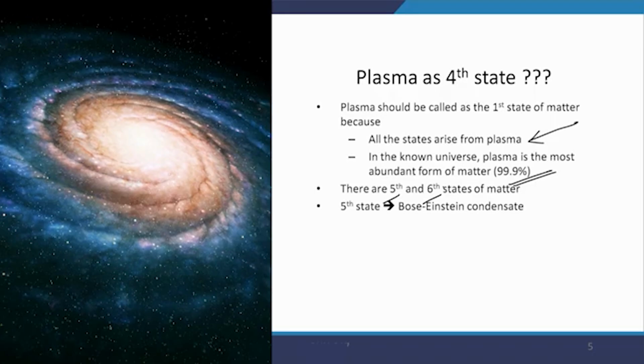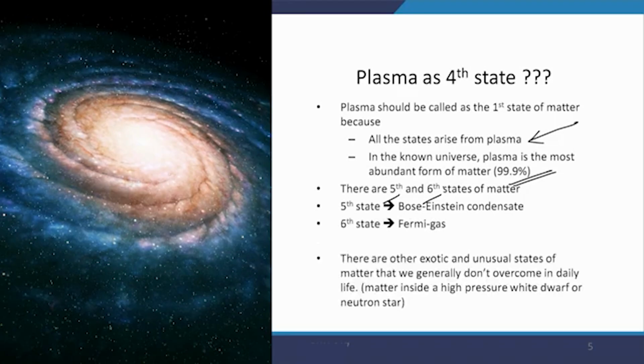We know that at very low temperatures, it is possible to populate a single quantum state with a large number of particles, with an infinite number of particles, right. That particular state of matter is called the Bose-Einstein condensate, right. You can find bosons to be the entities in this condensate. And the sixth state of matter is the Fermi gas, right.